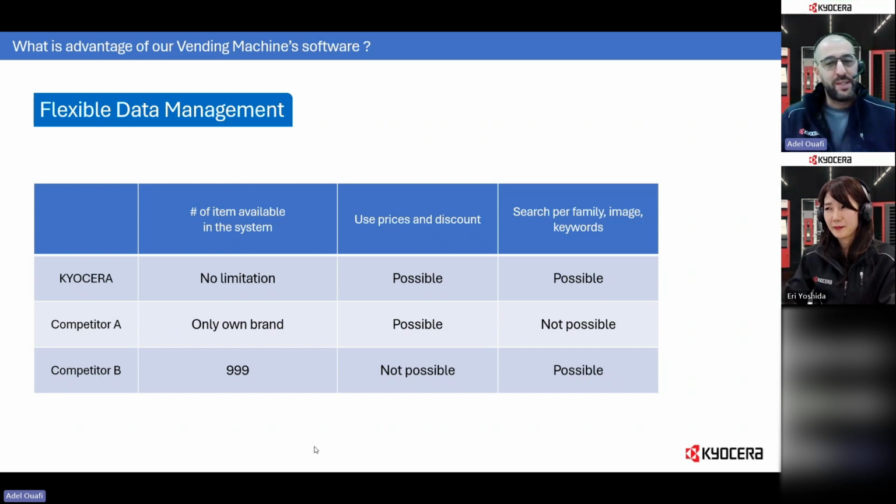One by one is a long way. Exact. Okay, but we have both ways. Yes. So as a conclusion, we have no limitation over item registration, even for other brands. And prices and discounts can also be registered, with many possibilities for searching.